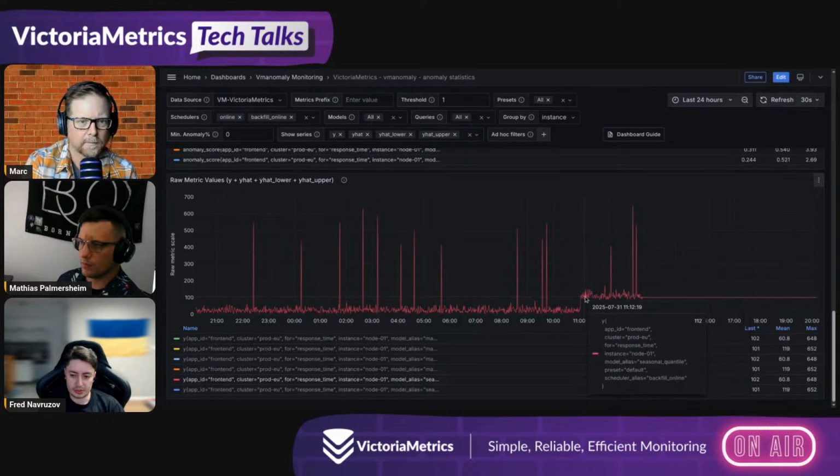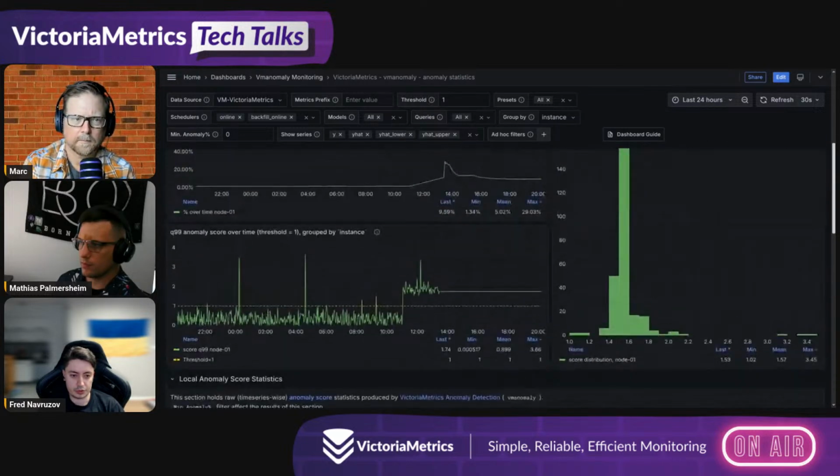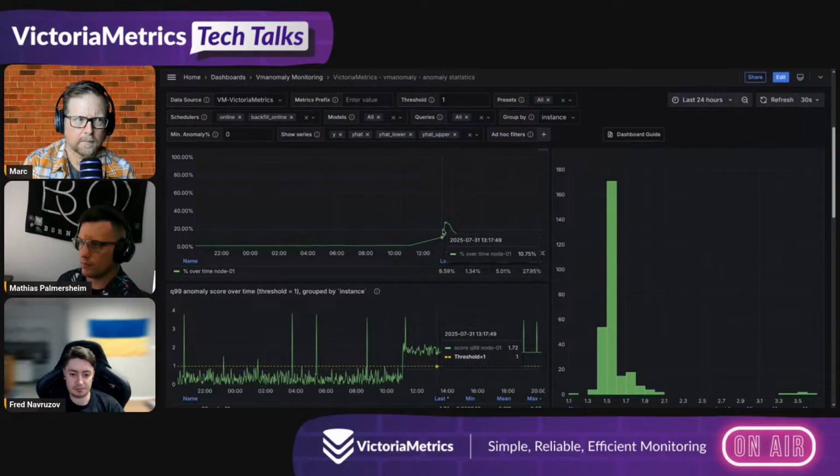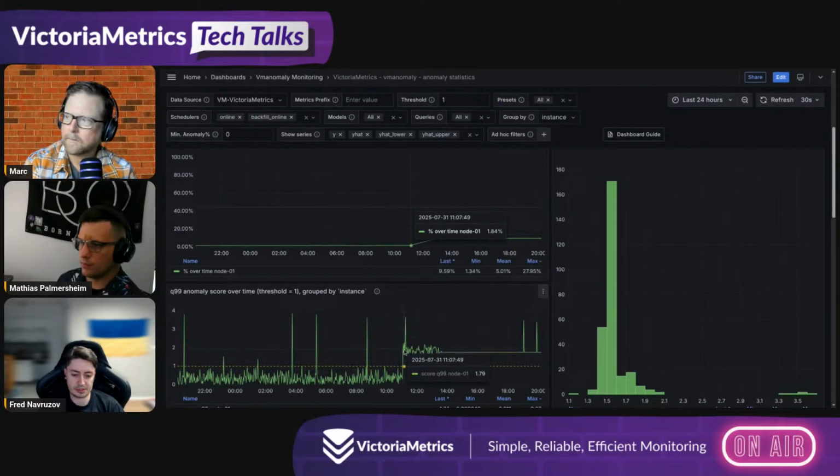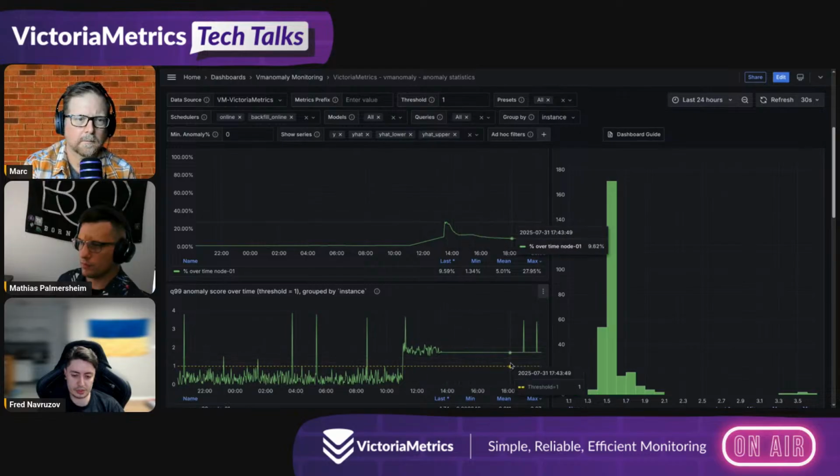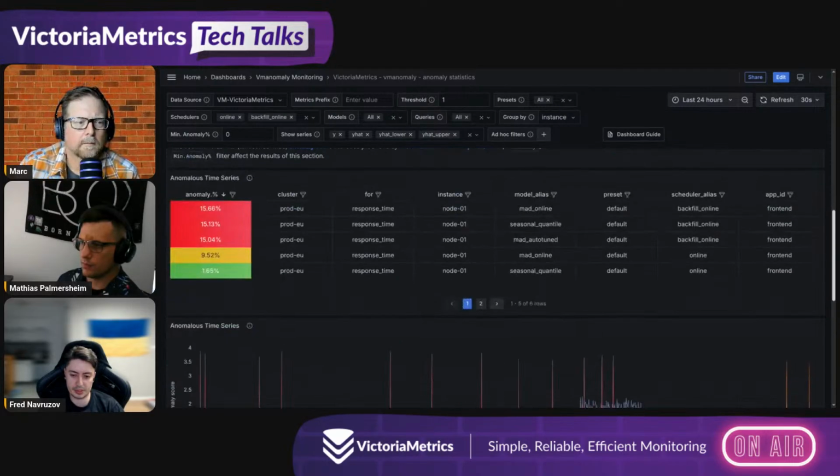On historical data, you would see a bump in anomaly score percentages over time, and a bump of anomaly scores greater than 1. For a different scheduler, which is online and periodic, it will slightly resolve because the model will adapt over time to a new pattern as long as it remains a new pattern.